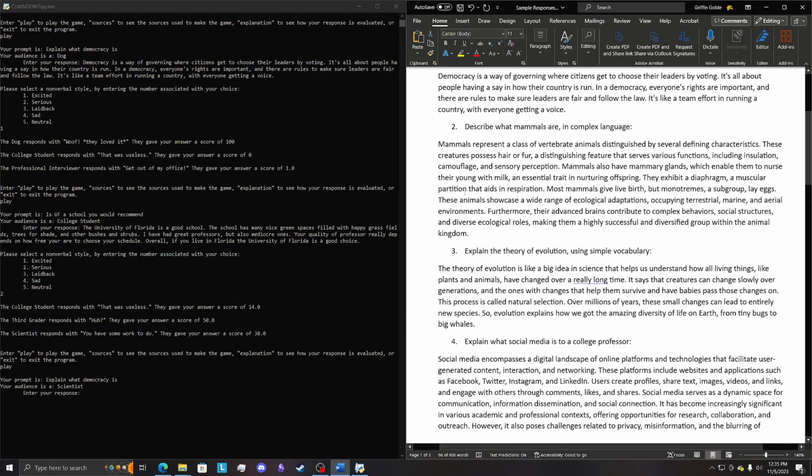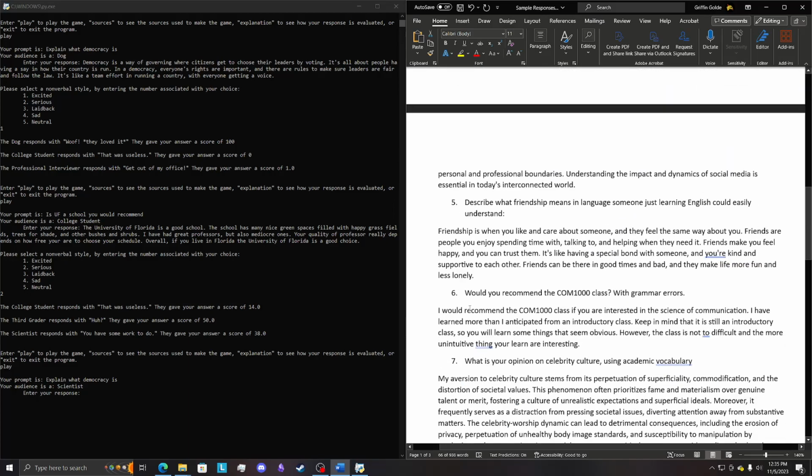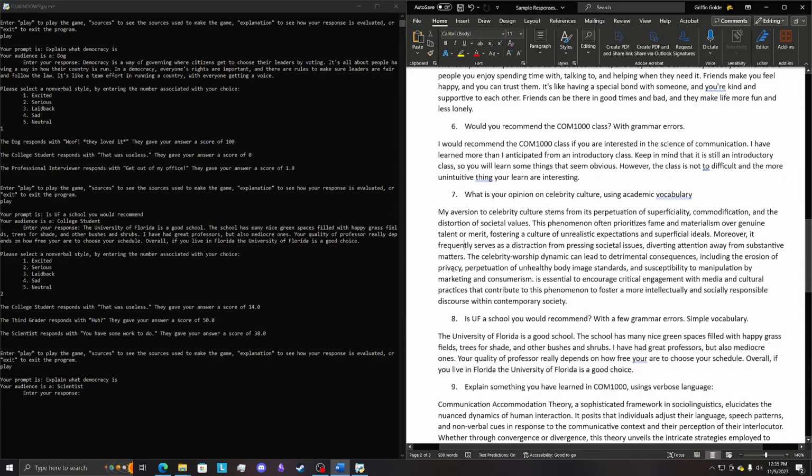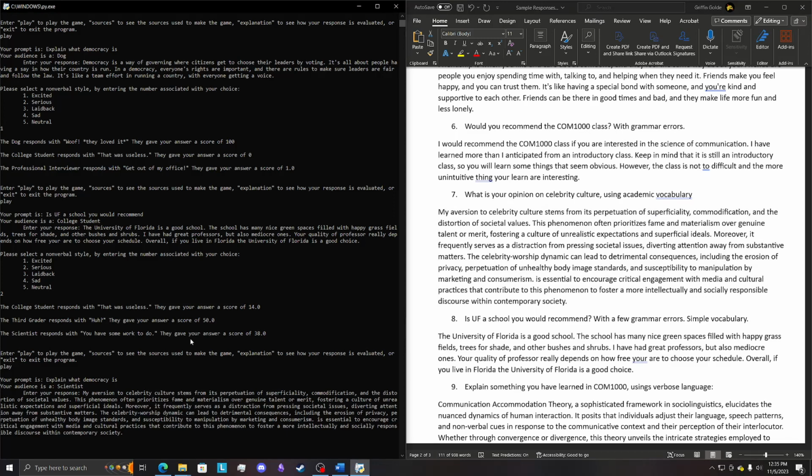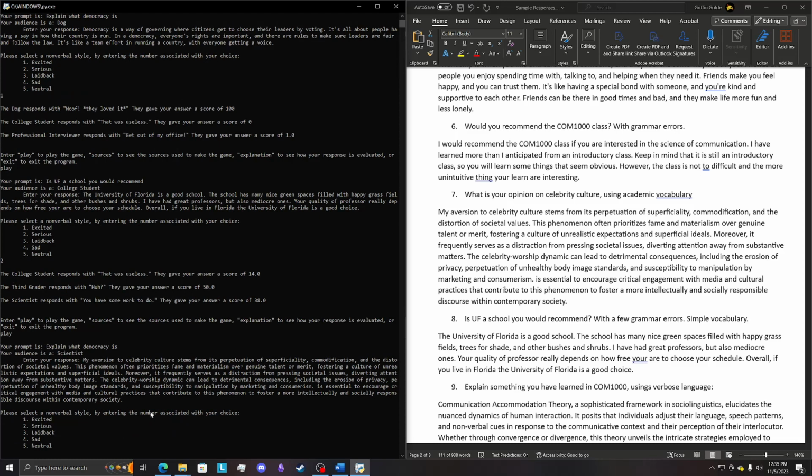So I'm going to go ahead and just use a response that uses very academic language. So this, the scientist should like, regardless of whether or not it actually answers the prompt, just because it uses really verbose words and complex vocabulary.